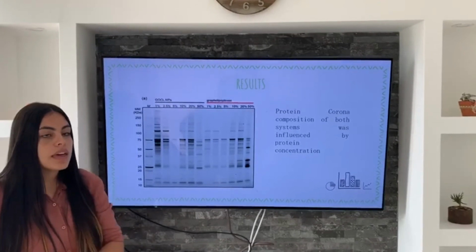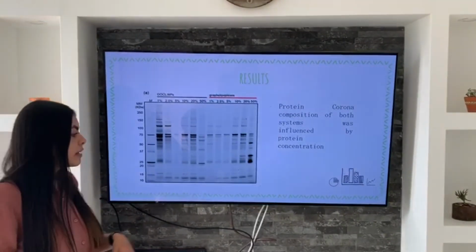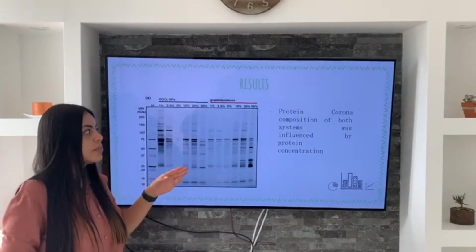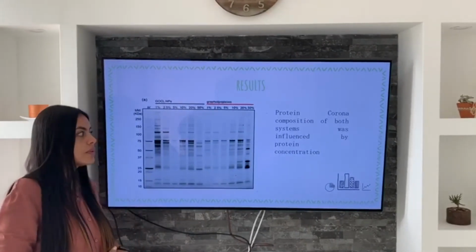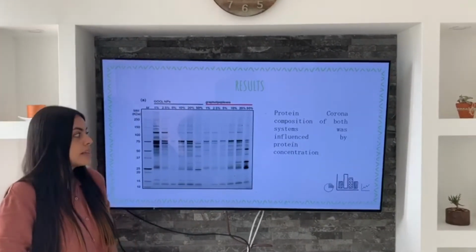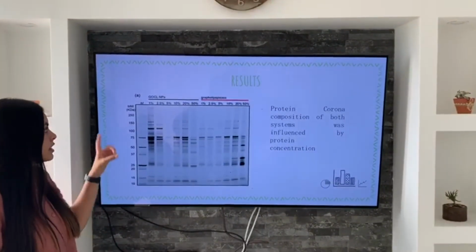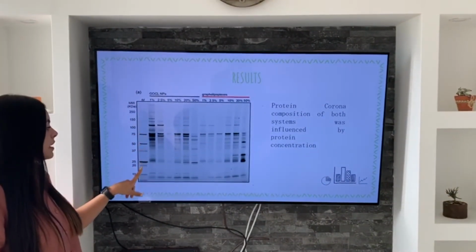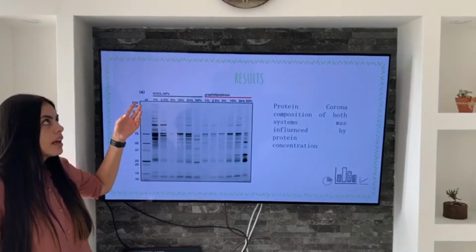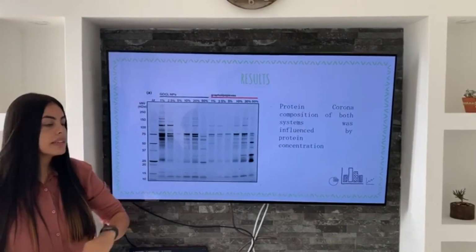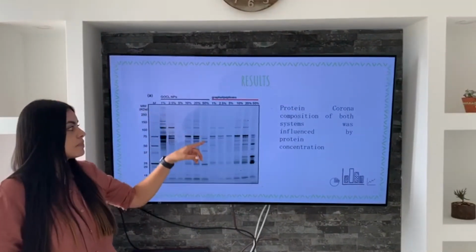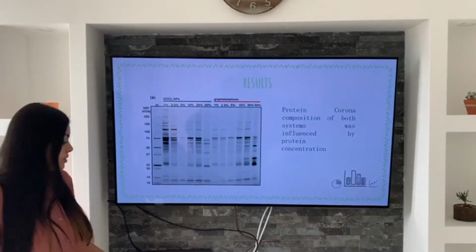And the most important result is that the protein corona composition of both systems was influenced by protein concentration. And in addition, here we have the M, which is the molecular weight marker that is compared with both particles.